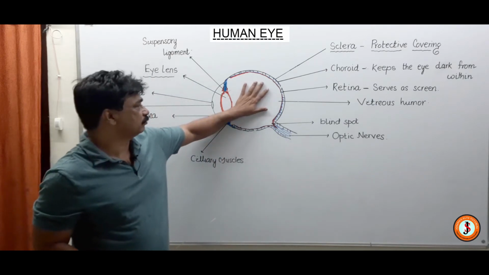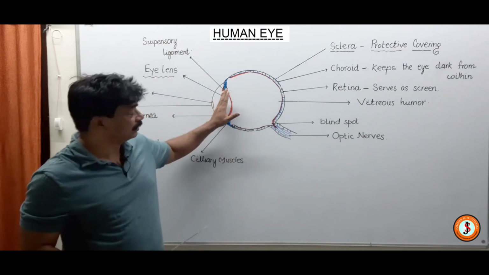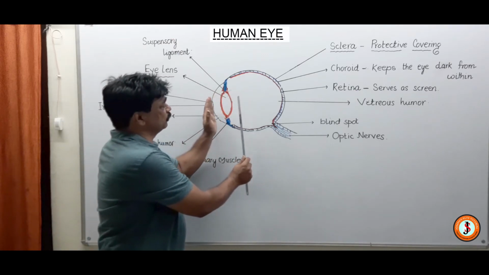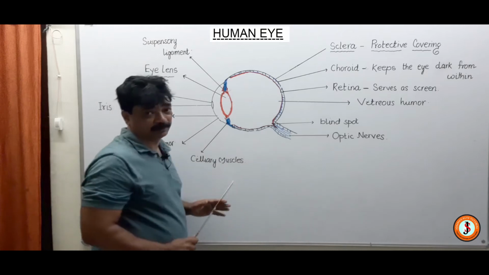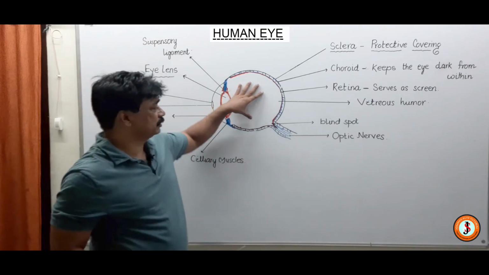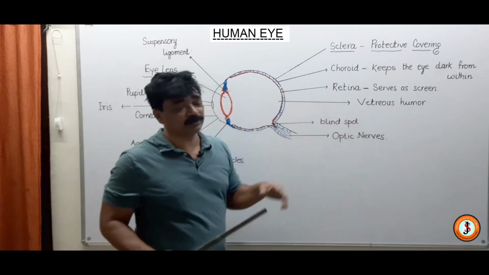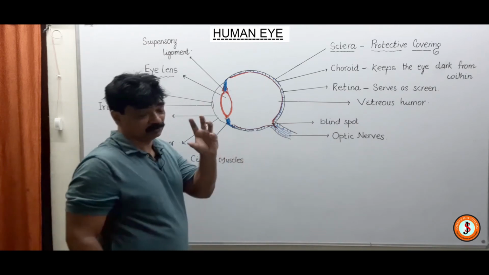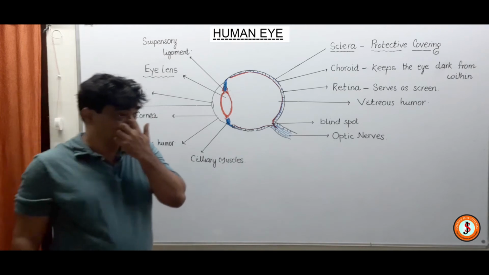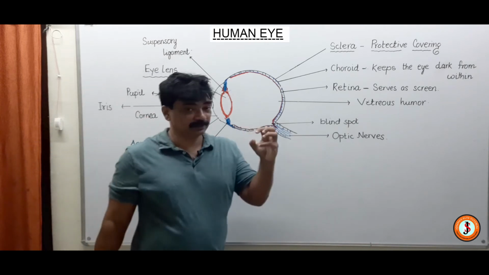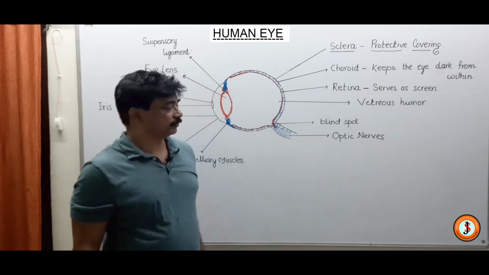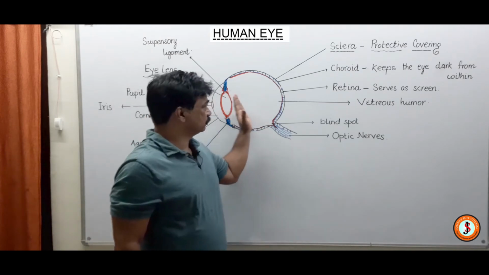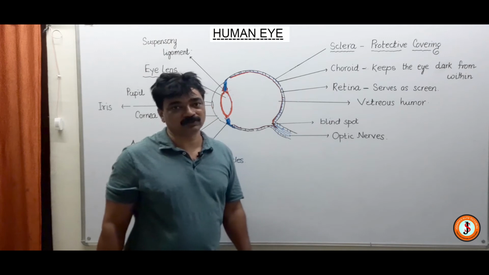Now the inner part: there is an eye lens. The eye lens divides the eye into two parts, the front bulging part and the back part. In the back part there is a jelly like fluid called the vitreous humor. Because the eye is spherical, it maintains the shape of the eye and keeps it compact, and it also allows the light rays to travel.